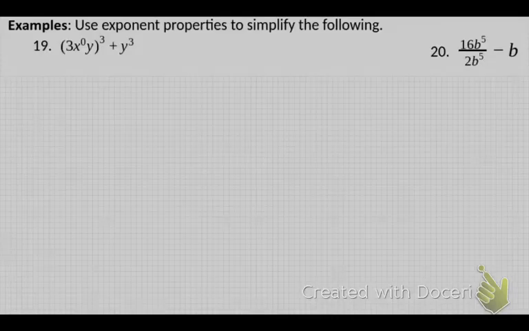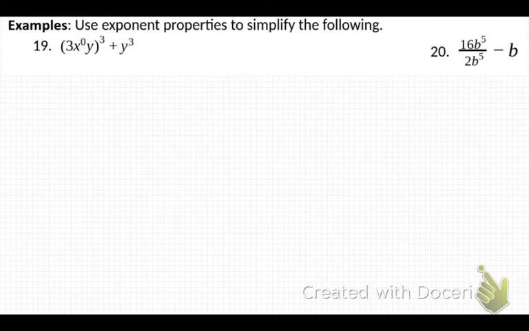So, our first example is 3x to the 0 times y, all raised to the 3rd power, plus y to the 3rd power. Now, do any of those have an exponent of 0? Yes, the x to the 0 power. Since I see x to the 0 power, the thing I like to do is cross it out, because it equals 1.